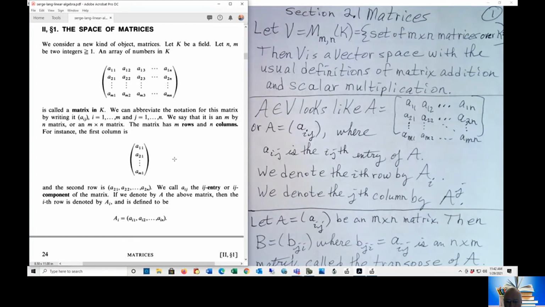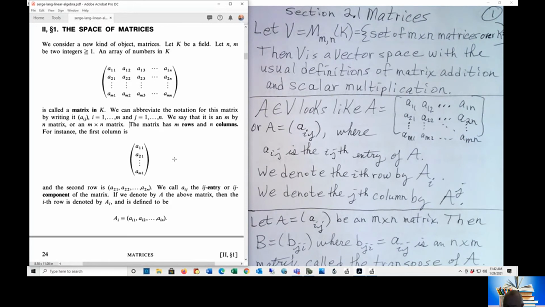We know that a general m by n matrix A looks like what you see to the right here, A11 through A1n all the way down to A sub m1 to A sub mn.